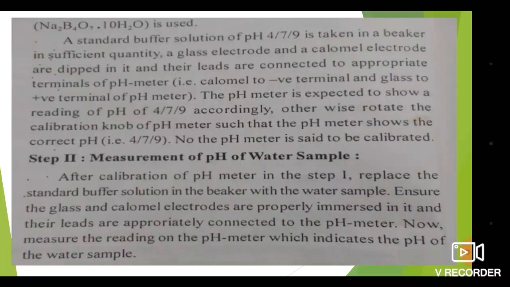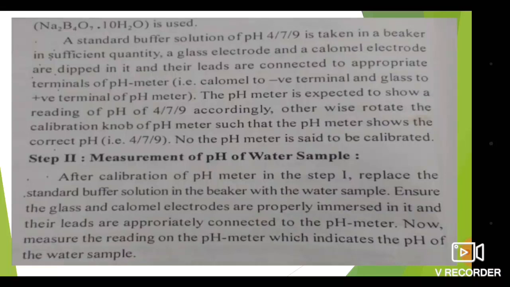What is the procedure? The buffer solution which has a pH of 4, 7 or 9 is taken in a beaker in sufficient quantity. The glass electrode and calomel electrode are dipped in it, and the lead ends of these electrodes are connected to the appropriate terminals of the pH meter, that is, calomel to the negative terminal and glass to the positive terminal.